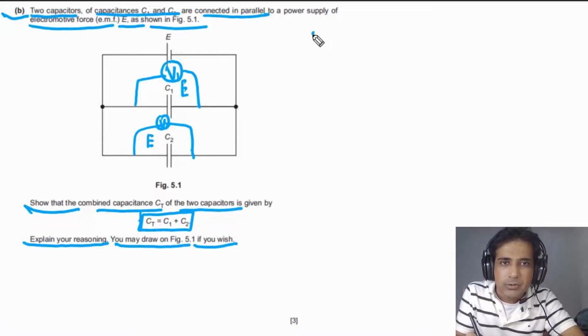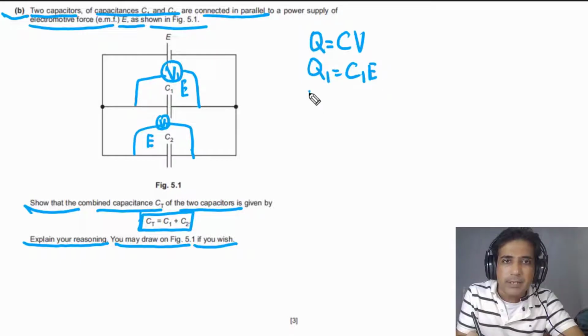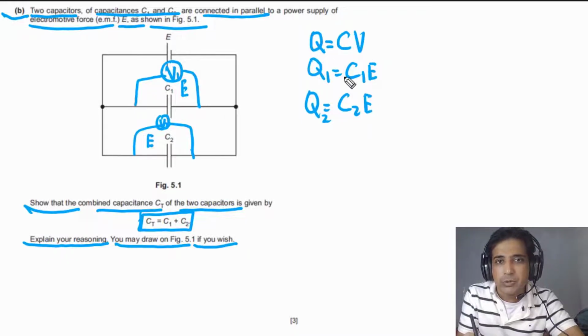Now let's calculate the charge on these two capacitors. Q is equal to CV. Q1 will be equal to C1 times E, and Q2 will be equal to C2 times E, because Q is equal to CV. Now we need to understand the total charge stored on these two capacitors.